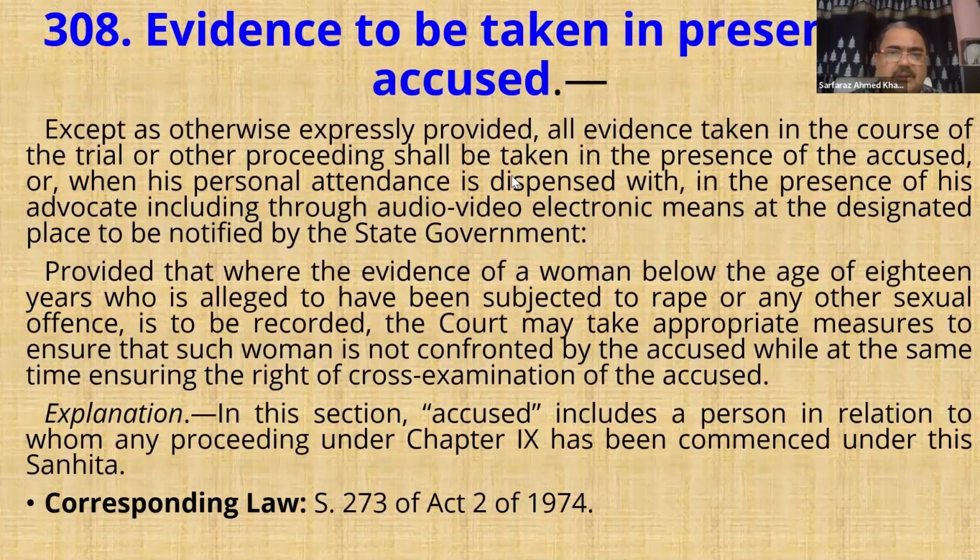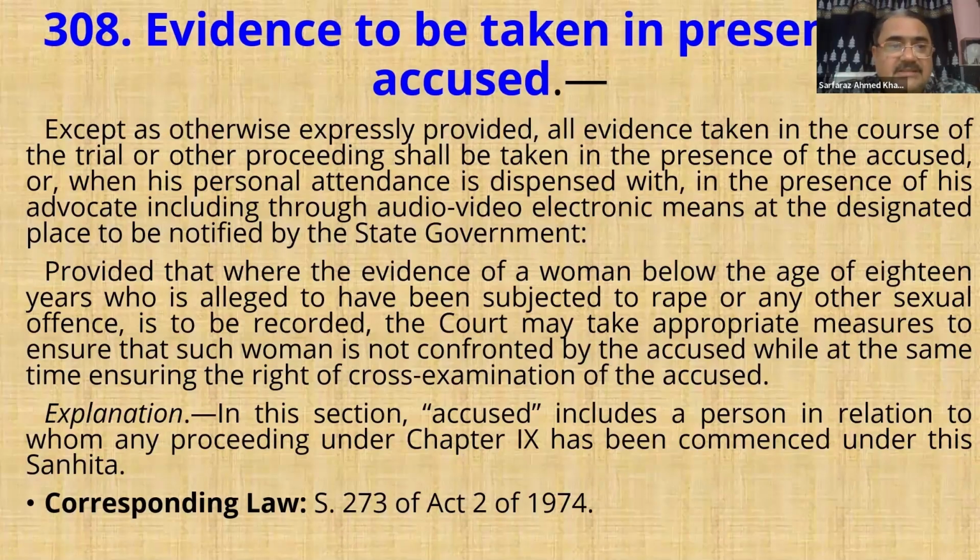Now 308, general principles. Evidence is to be taken in the presence of the accused. Under the new Sanhita, we have also adopted exceptions to this general rule. BNSS section 356 permits in absentia trial of all those cases where the accused has been declared a proclaimed offender.